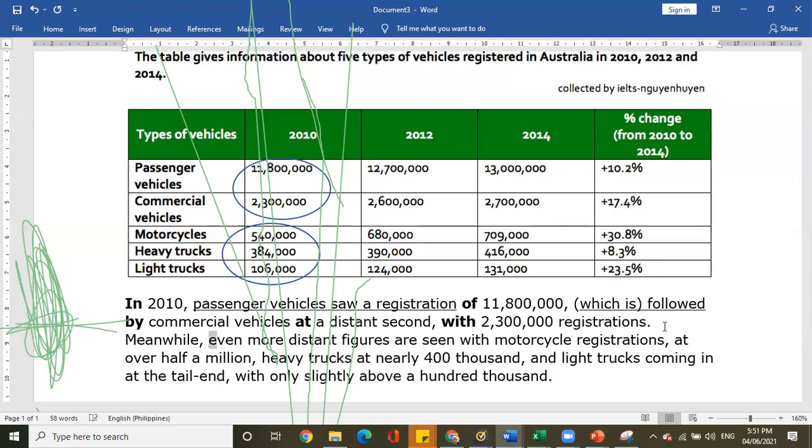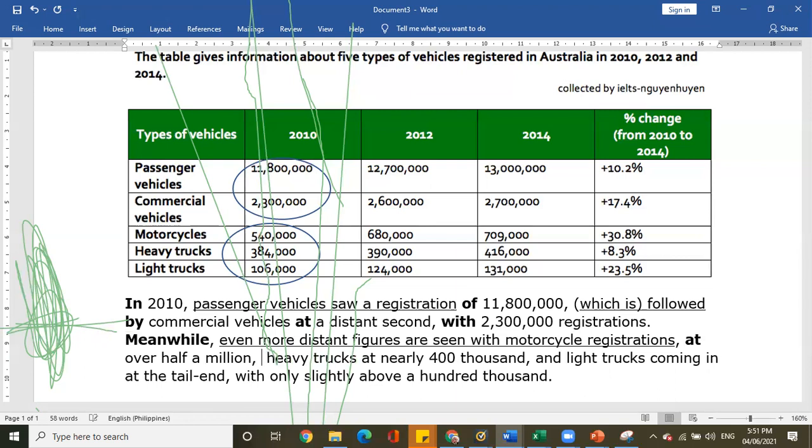So even more distant figures is your subject. Are seen is your verb. That's a passive voice. And then your object is with motorcycle registrations. And then adjunct there. Of course, this one is also a discourse marker, at over 500,000.